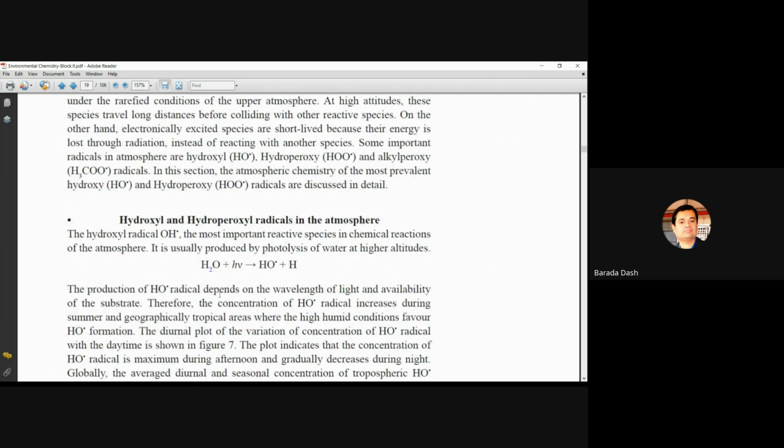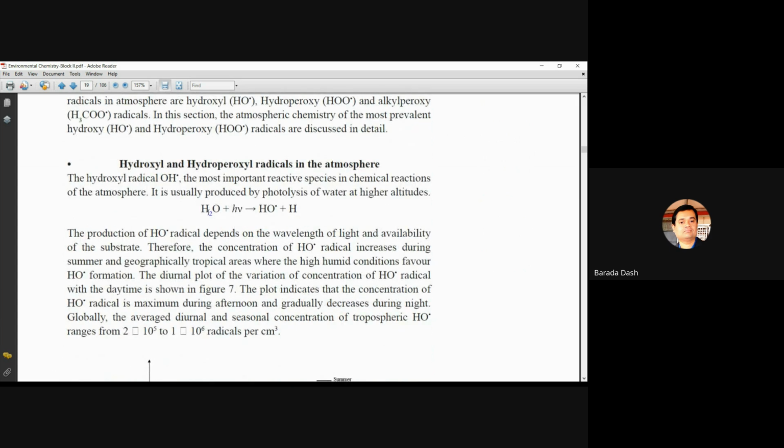Then hydroxyl and peroxidyl radicals in the atmosphere. Water is there, and it absorbs energy to produce hydroxyl radical, which is called a free radical. The production of hydroxyl radical depends on wavelength of light and availability of substrate.